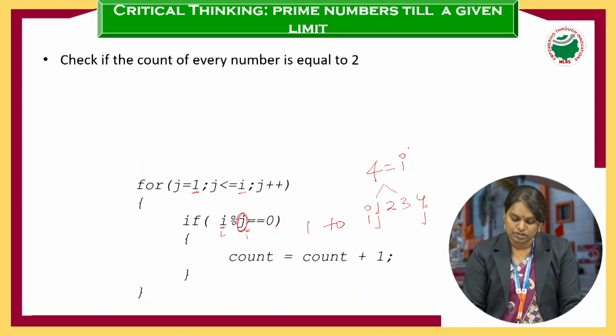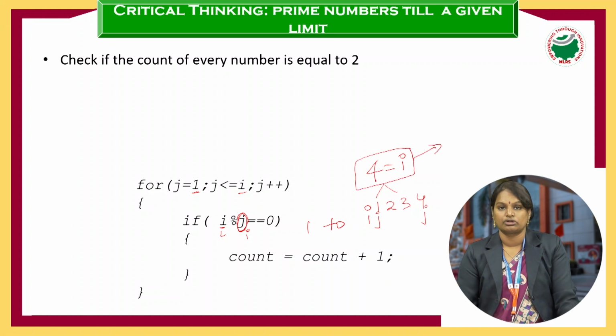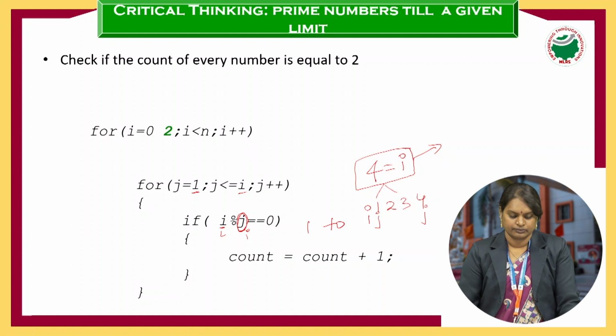Now what should I do when I want to increase this i value? I have to write another for loop, where I start with i equal to 0, i less than n, and i plus plus.